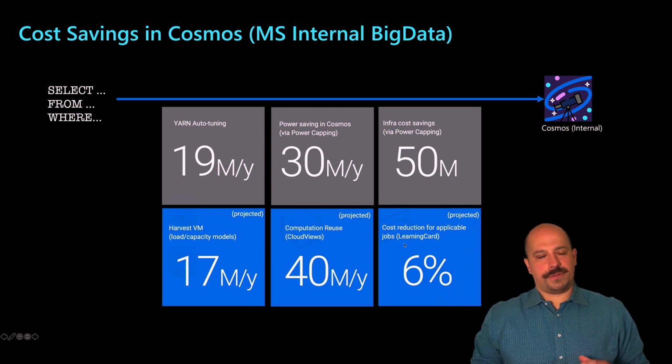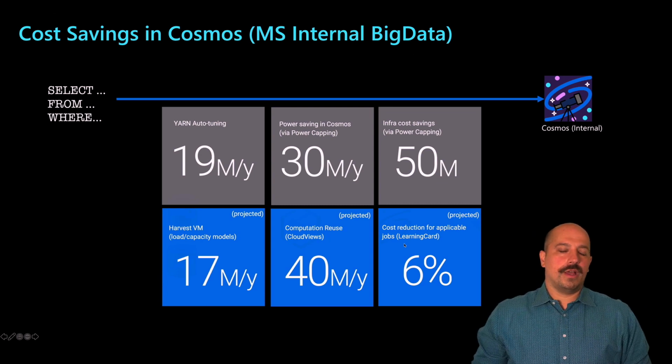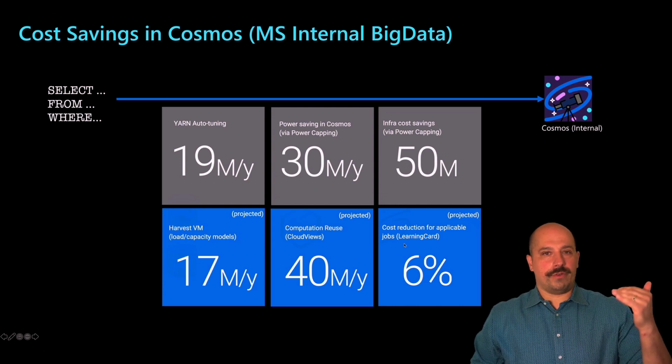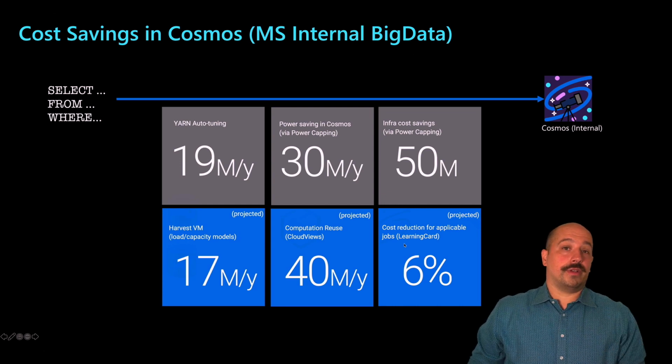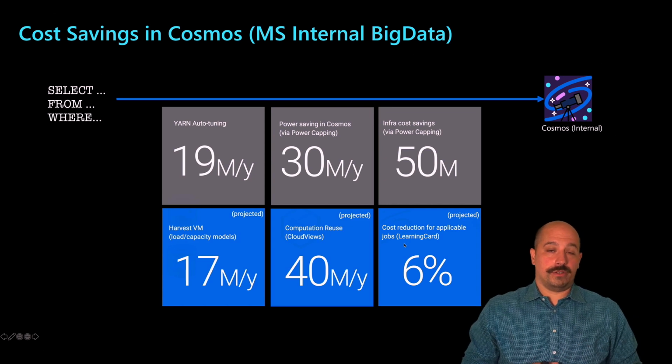Yarn is Microsoft's scheduling infrastructure, and is an open source project. It's Apache Hadoop Yarn, and we use it for our Cosmos infrastructure. And by just tuning the parameters, things like how many containers we run for every node, we were able to reduce the cost by packing the cluster a bit more densely by over $19 million.